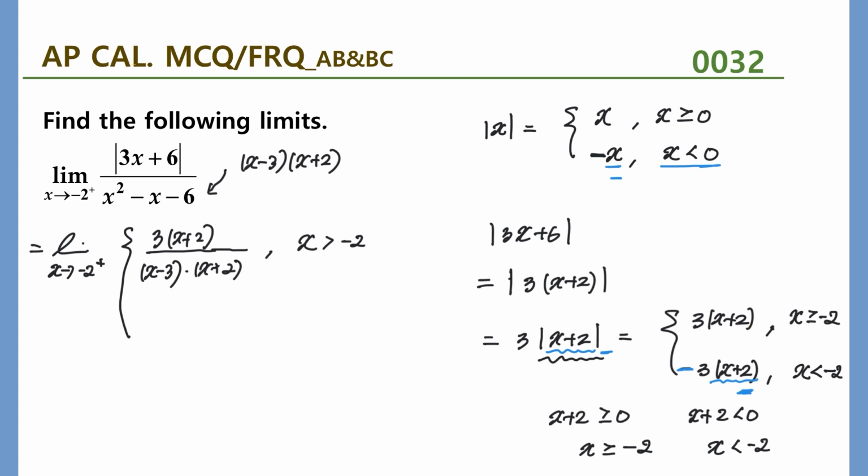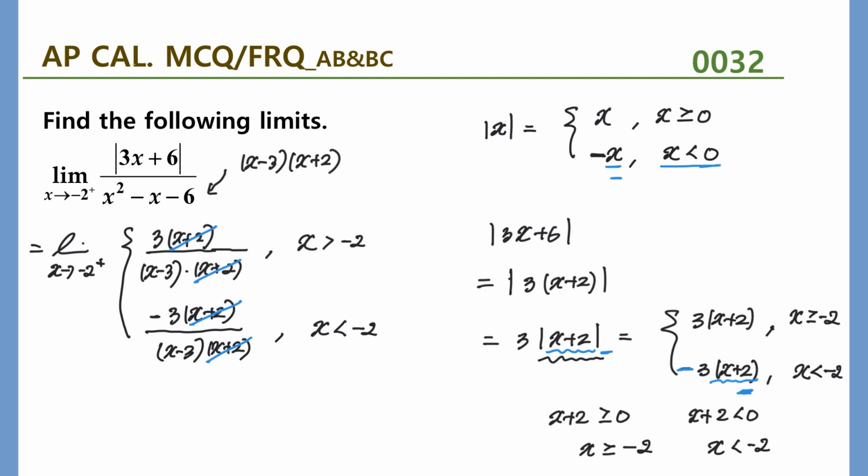Okay, what if x is less than negative 2? Then we have negative 3 times x plus 2 over x minus 3 times x plus 2. Here we have the same factors, x plus 2, x plus 2. Cancel them out, right? So we're trying to find the limit as x approaches negative 2 from right hand side.